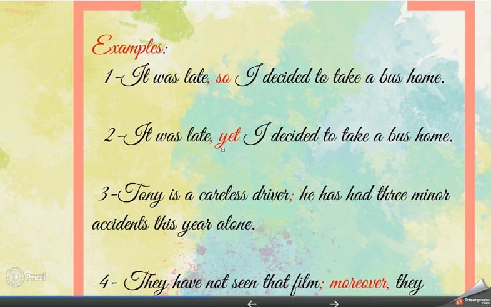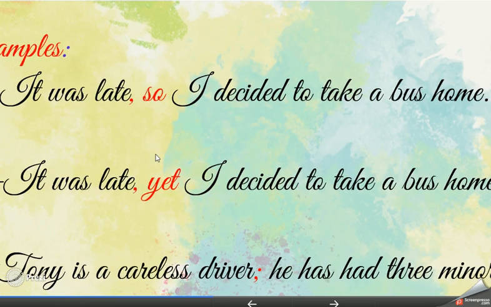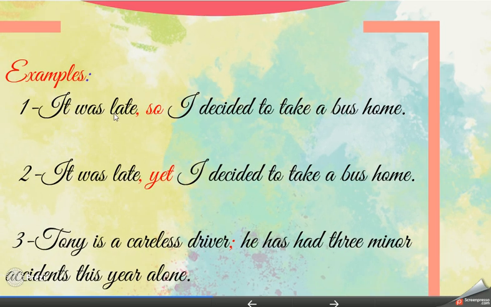Number one, it was late, comma, so I decided to take a bus home. Now, it was late. This is an independent clause, meaning it can stand alone. We can write it down on its own, and it makes sense with no problems, right?